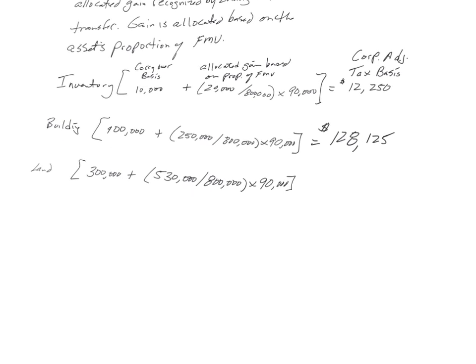All right, we do the math, and then our adjusted basis on our land is $359,625.